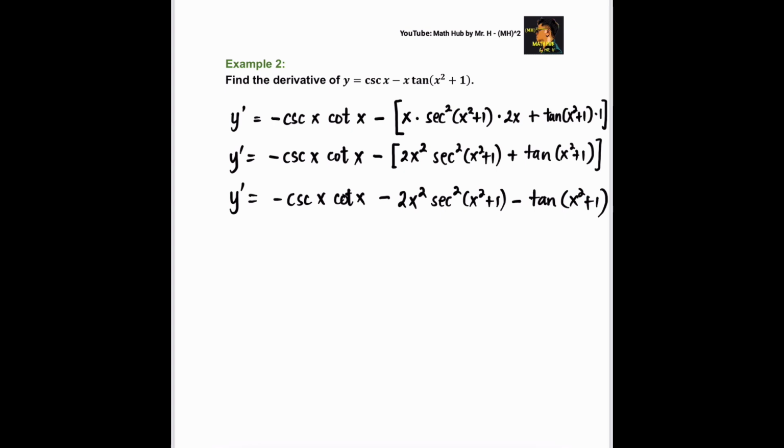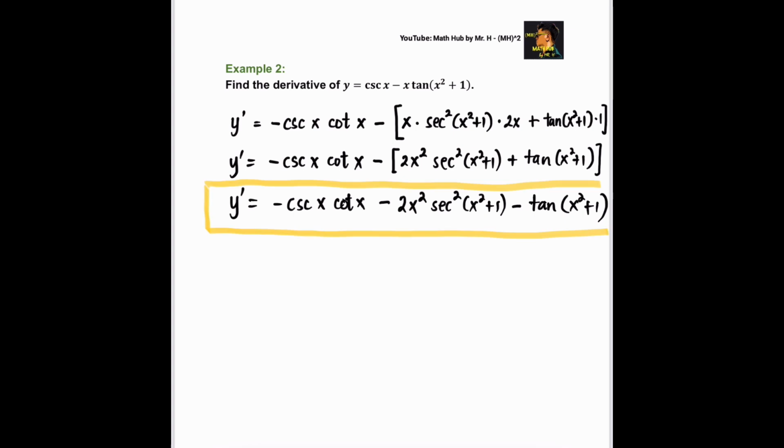All right, so if there's nothing that can be done anymore in terms of simplifying or combining like terms, that means that will be the final answer.